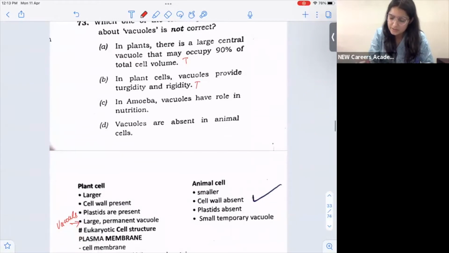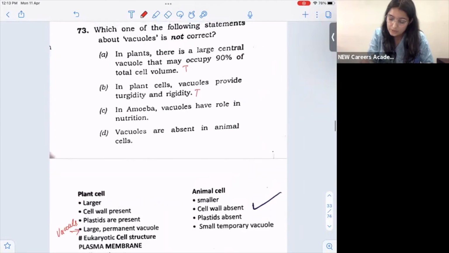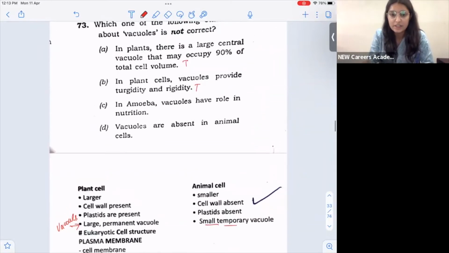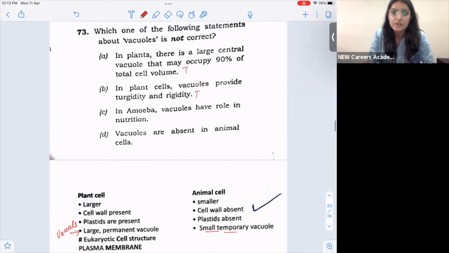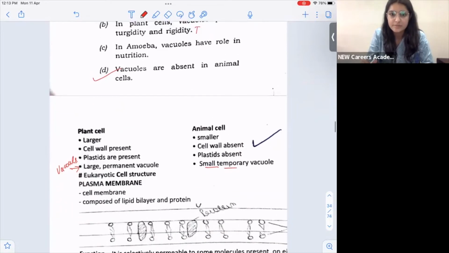Vacuoles are absent in animal cells. Vacuoles are not absent in animal cells. They are present but small and temporary. So the not correct statement is option D, vacuoles are absent in animal cells.